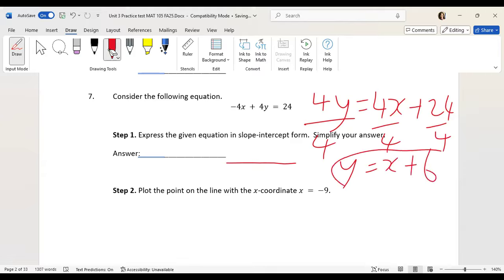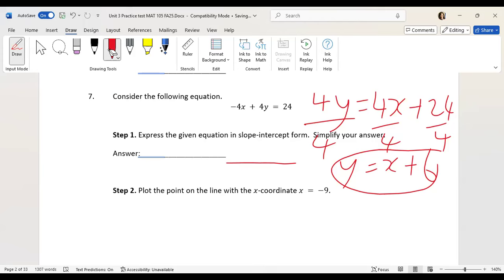So you have this equation, and then it says plot the point on the line with the x coordinate of -9. Which means you can find the point on the line where the x coordinate is -9. You can find it from here.